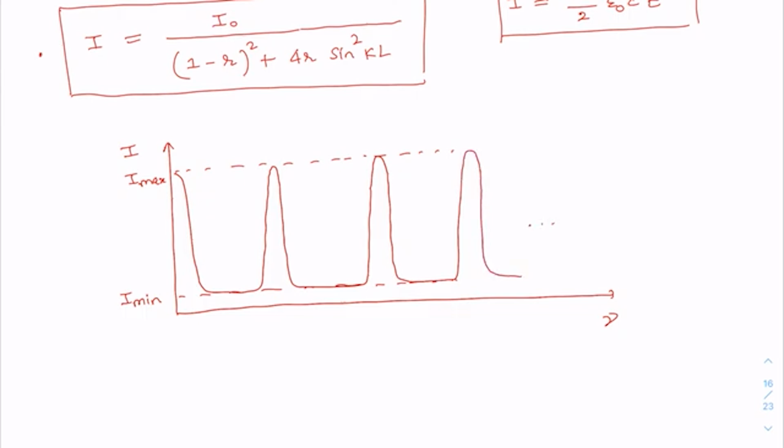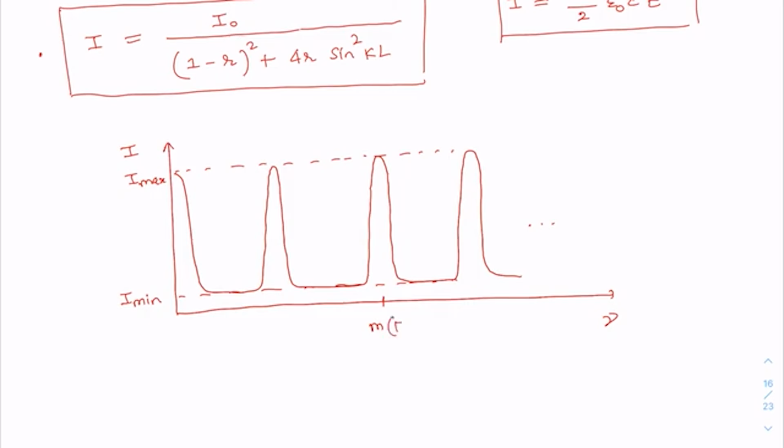And so on. These peaks should be there provided the resonance condition is satisfied, for example when the frequency is an integral multiple of c by 2L. In fact, c by 2L you already know is nothing but the free spectral range, FSR.